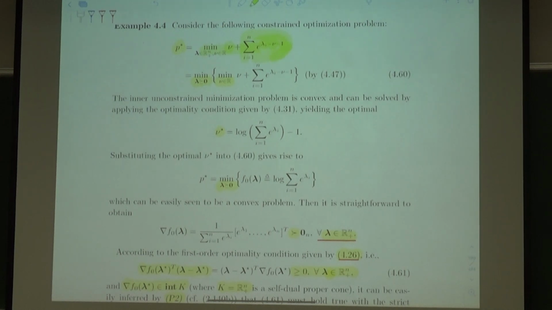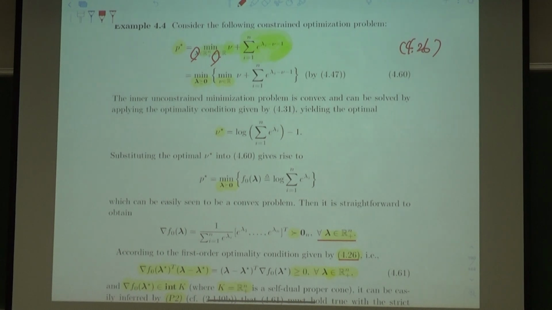Can you solve it using optimality criterion 4.26? This is the optimality criterion. Sometimes yes, sometimes you can guess your optimal solution. This nu has no constraint, just a real number.